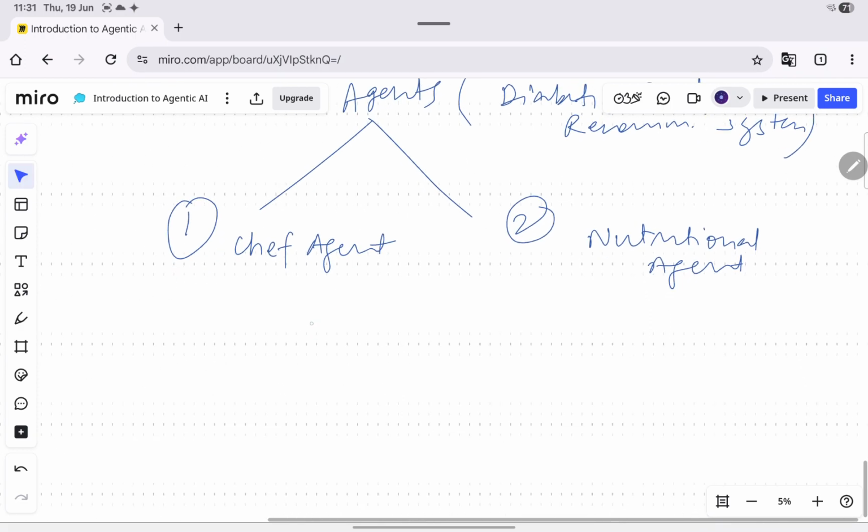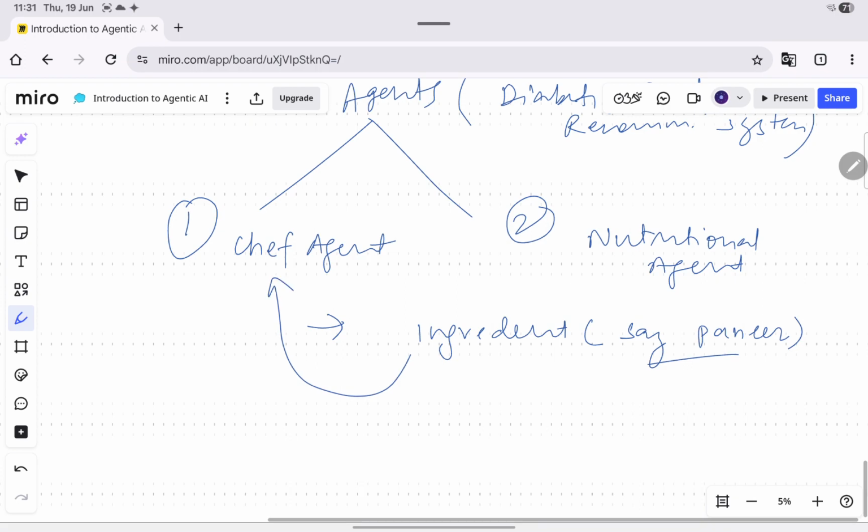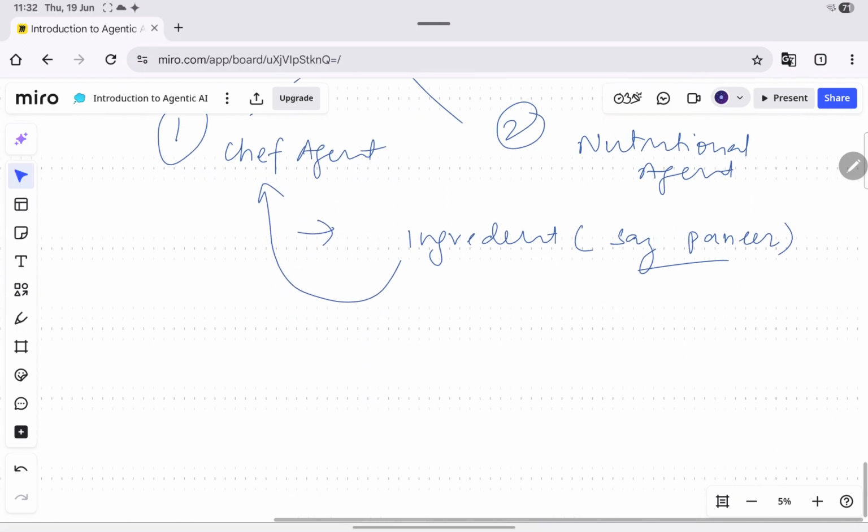We give one ingredient, say paneer. The chef agent's role is a professional chef with 15 years of experience.